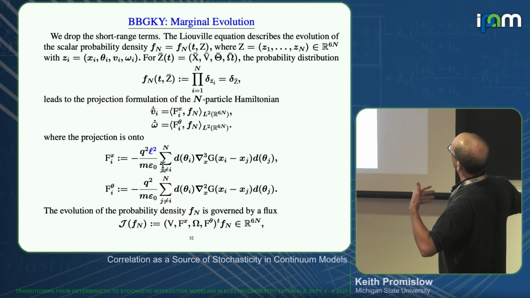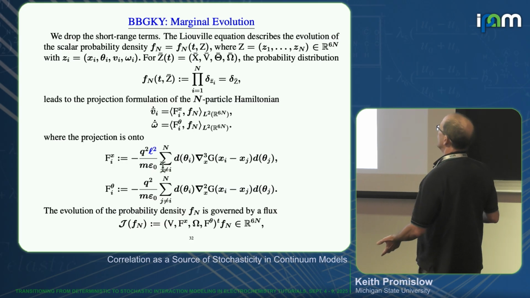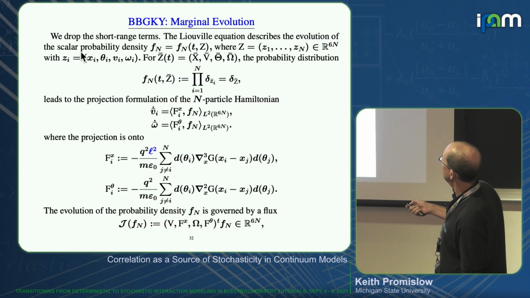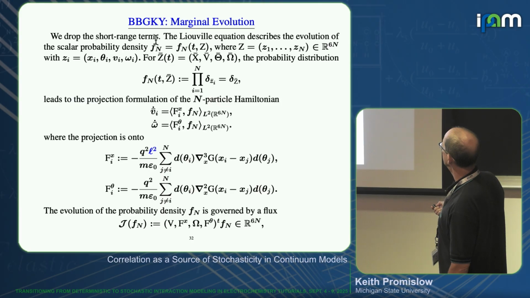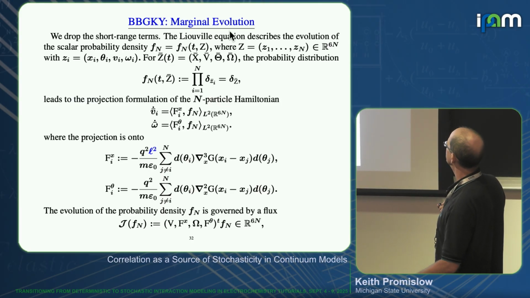Okay, so what does the BBGKY hierarchy give me if I want to take marginals of this system? I'm just going to go through the results. First, as I advertised, I'm going to drop the short-range terms because they just clutter up my page. They're not the story. I want the quasi-longer range interactions, the dipole moments and things.